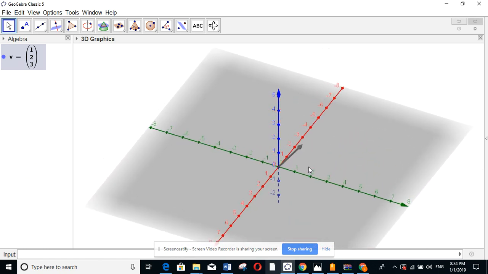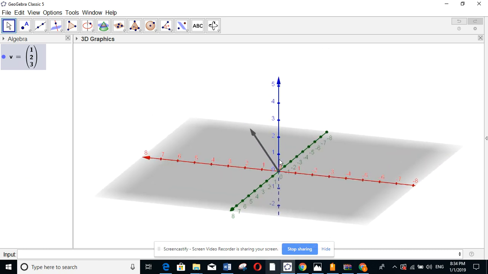You may have infinitely many vectors, anywhere you can take it. For example, if you have point A, you can put point A whose components are 1, 2, 3, for example. Let me change it to 4.